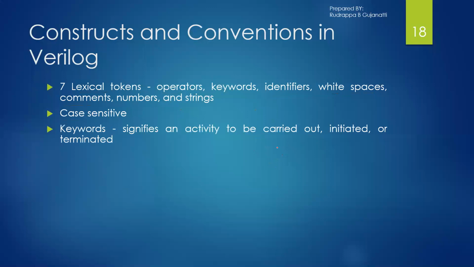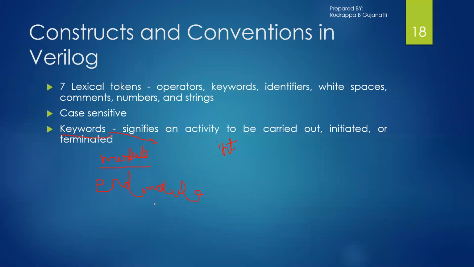Next, what is meant by keywords? Keywords have specific meanings and we cannot use them for any other purpose. For example, previously I mentioned int is a keyword in C programming. Similarly, here also we have some keywords. A few that you have come across are module and endmodule in Verilog.